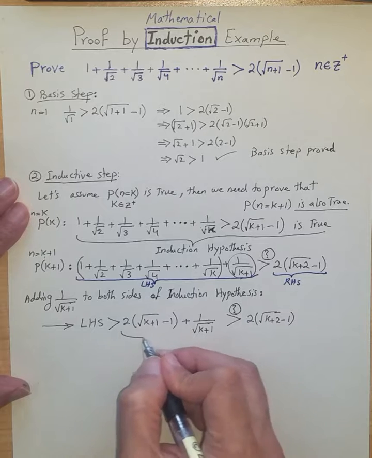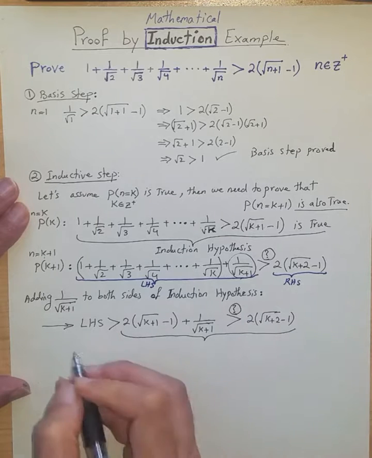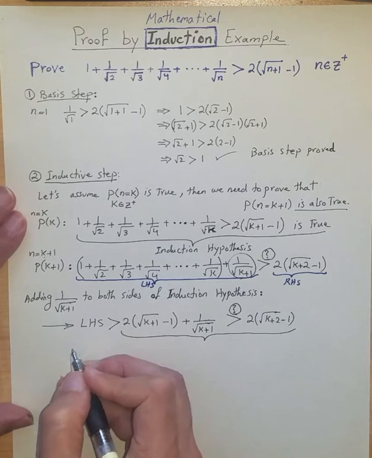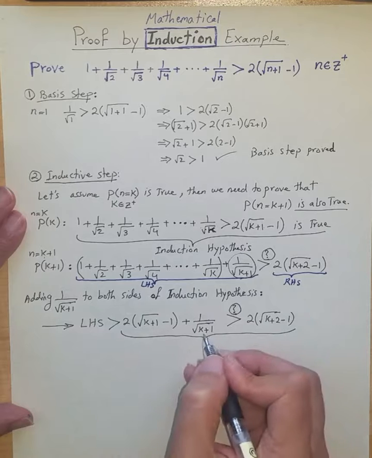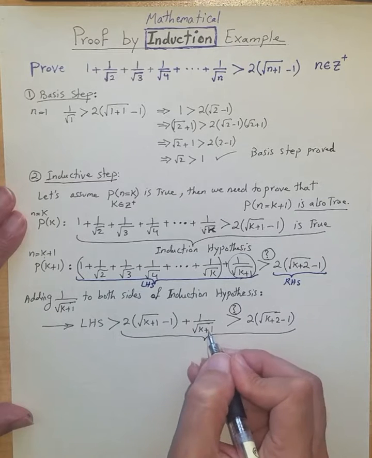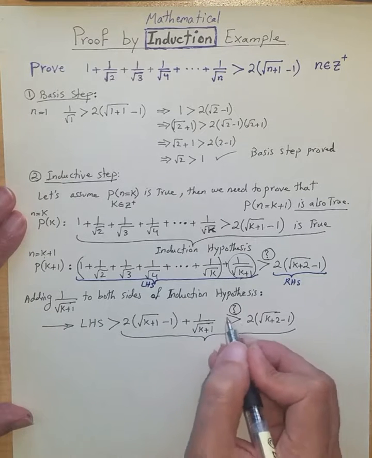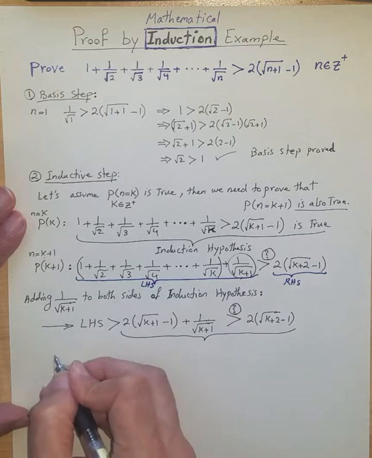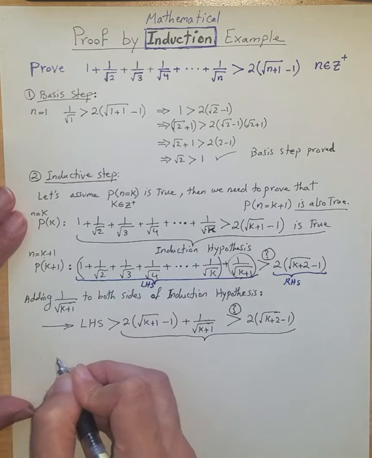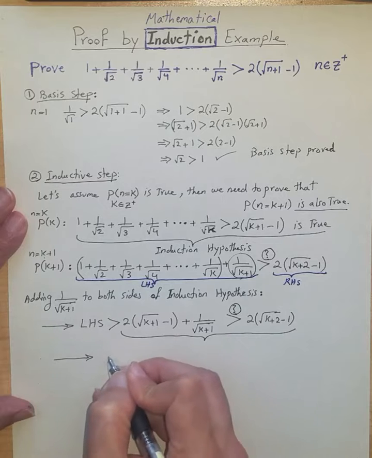So let's focus on this inequality supposed to be proven. If I multiply both sides of this with square root of k plus 1, which is a positive number, it's not going to change if this is true.